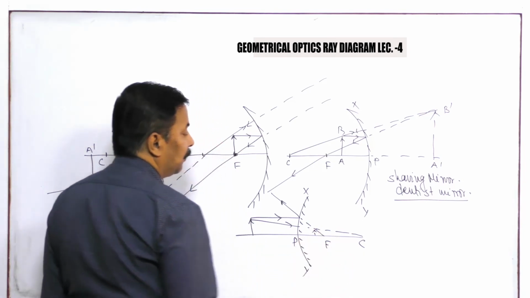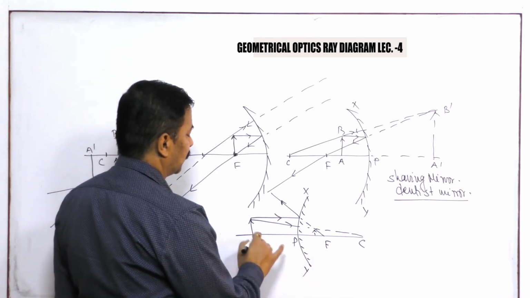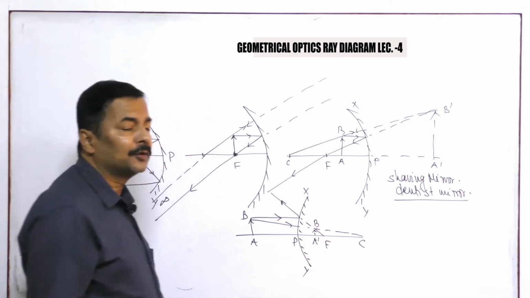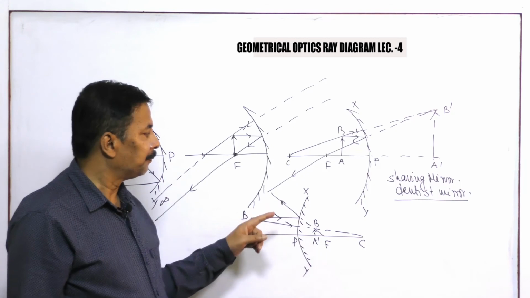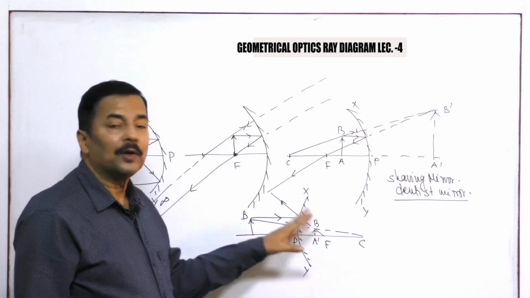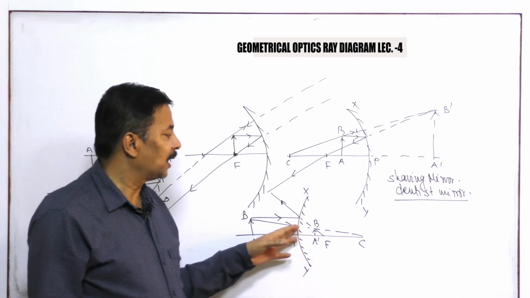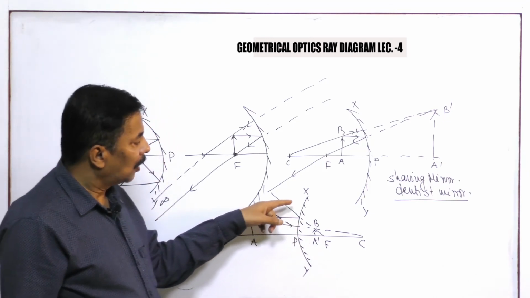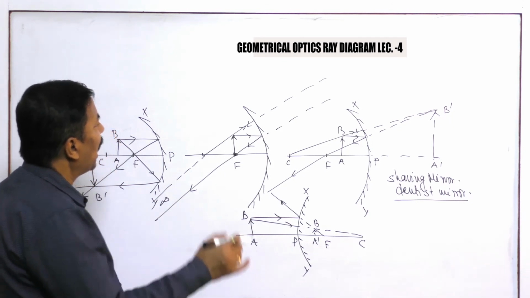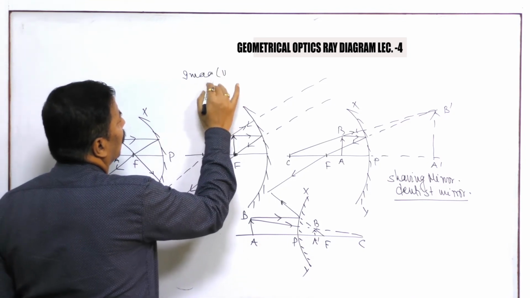Here you see, we are getting a virtual image; this is the object, this is the image. So we are getting a virtual diminished image. All the time you will be getting a diminished image in the case of convex mirror. Virtual.